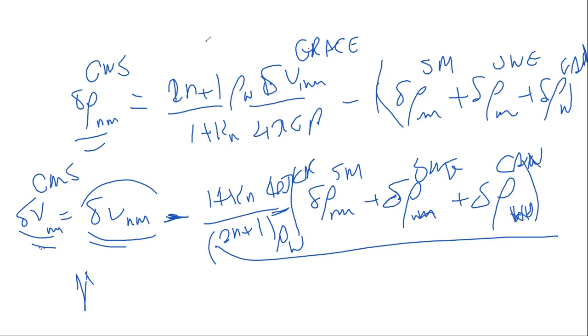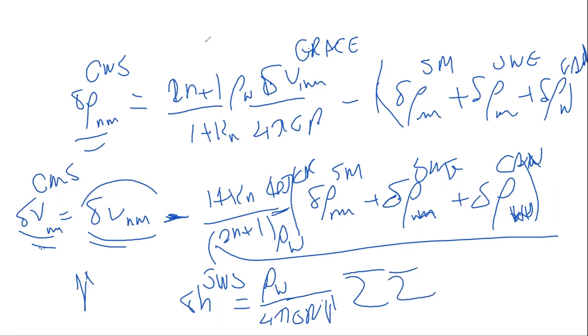So therefore, the groundwater storage, or the height of the groundwater storage, let me write the groundwater storage, will be simply rho W, density of water, over 4 pi G R gamma, and summation over n, m, of (2m plus 1) plus km, and delta Vnm of GRACE minus the potential.